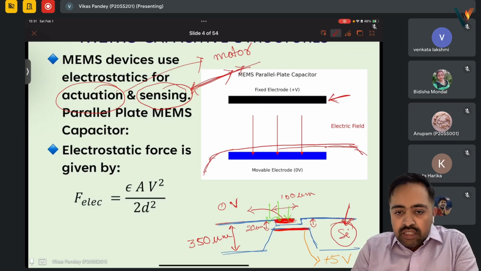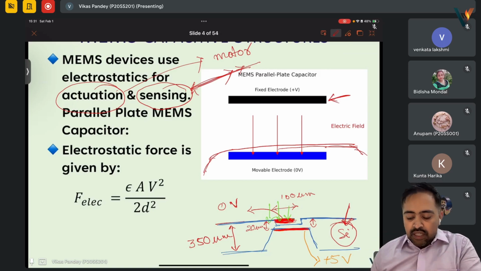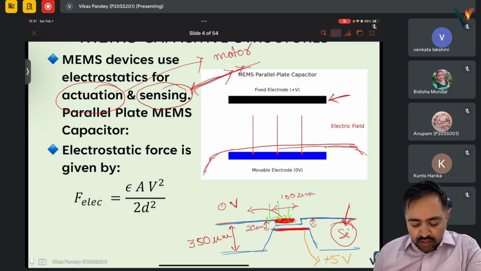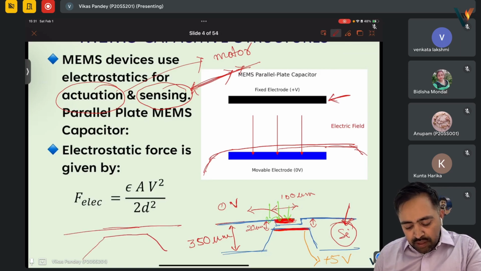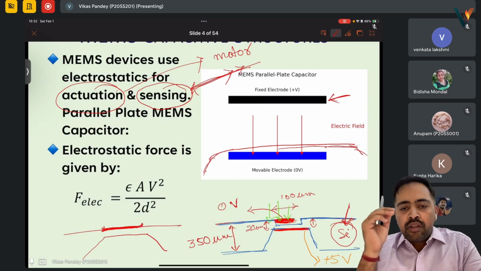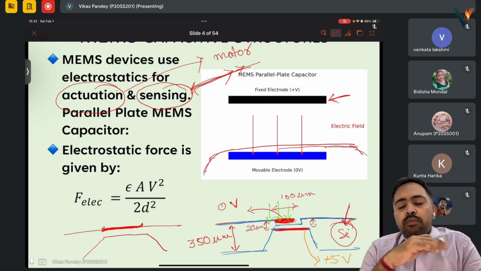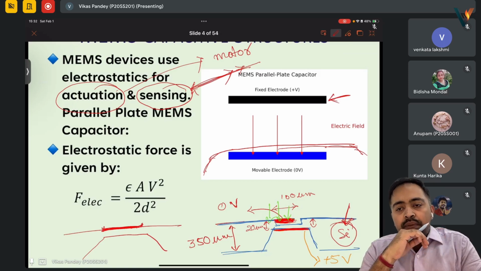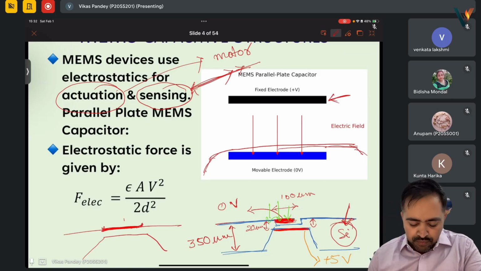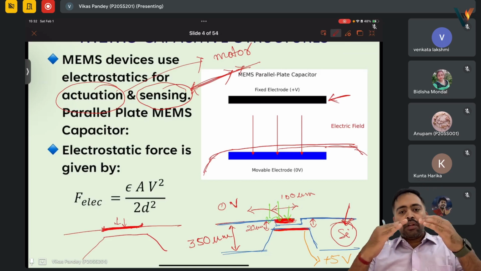So such structures are there. In some cases, it is even made just as a membrane kind of structure, and on the membrane we put some resistive materials, like depositing polysilicon and then doping it properly. When some pressure is there, this whole membrane will bend.